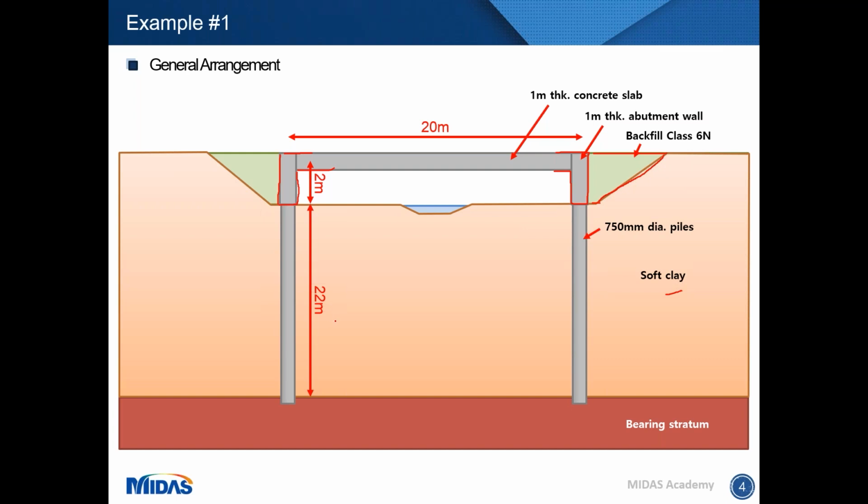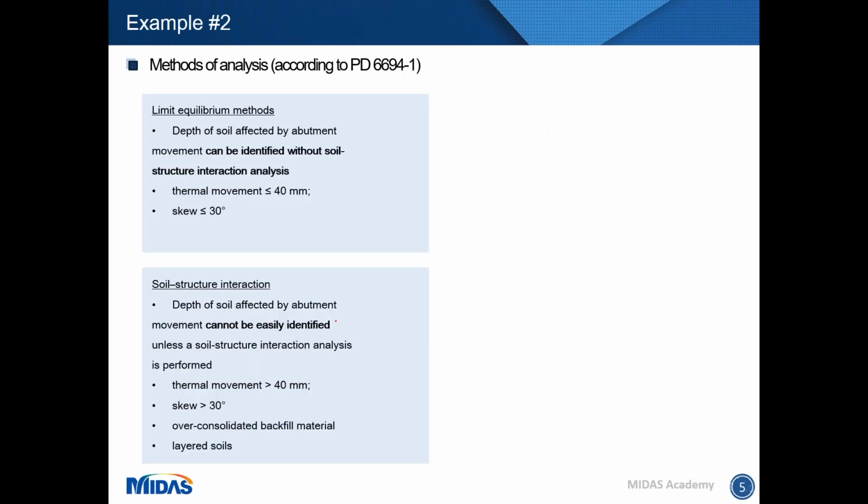When we have this integral bridge, probably the first question that we will have is, okay, what should I do to take into account solid structure interaction, to take into account the ratcheting effects behind the abutment wall? Well, if we are looking at the PD 6694, as discussed in part one, we have two main approaches.